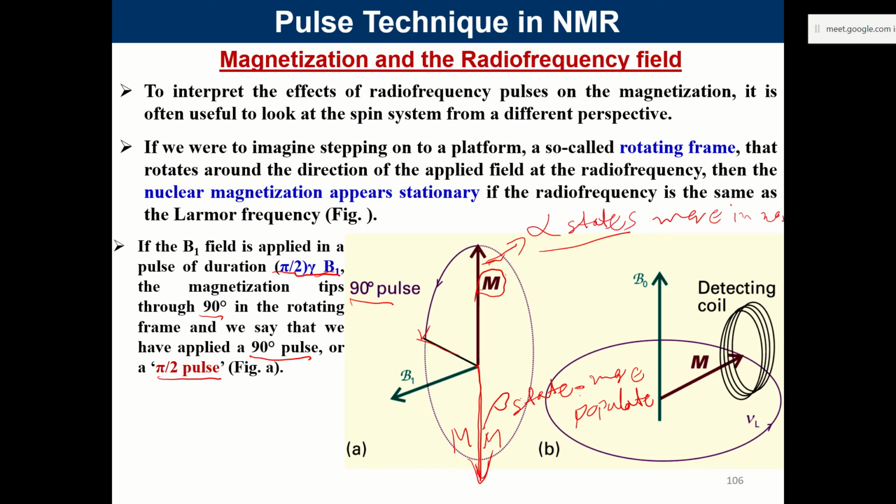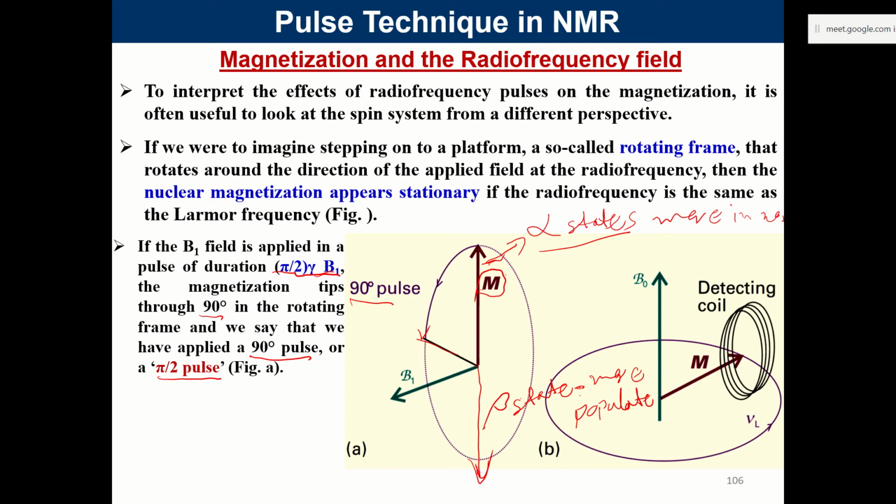The Z component is pointing downwards. That's the M that we are talking about. So the application of a 180-degree pulse means that the magnetization vector is totally reversed. Its direction changes completely. By that logic, it is easy to understand what happens with a 90-degree pulse.